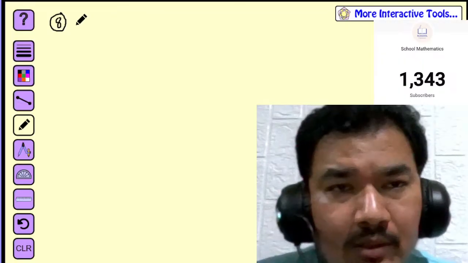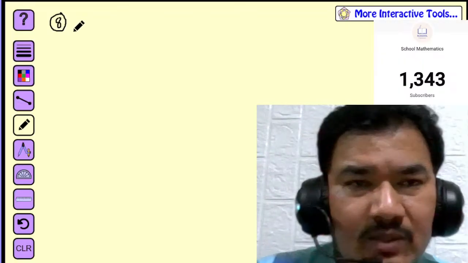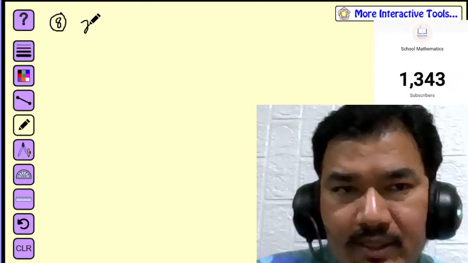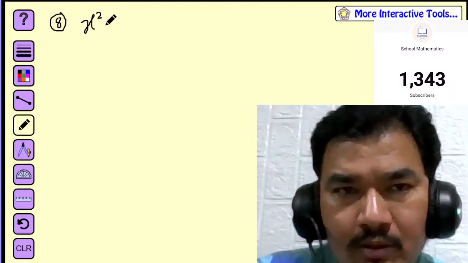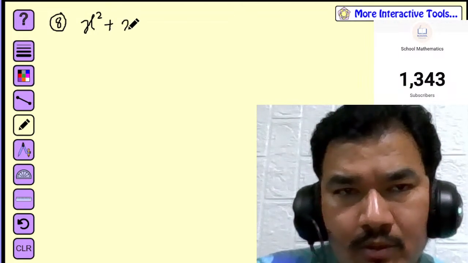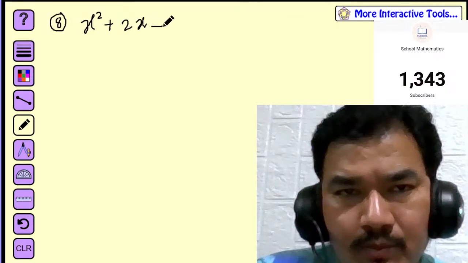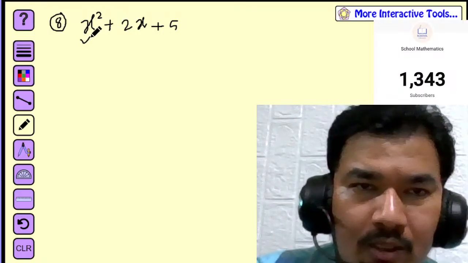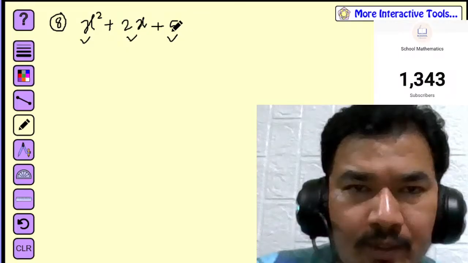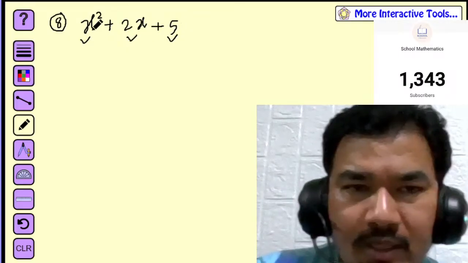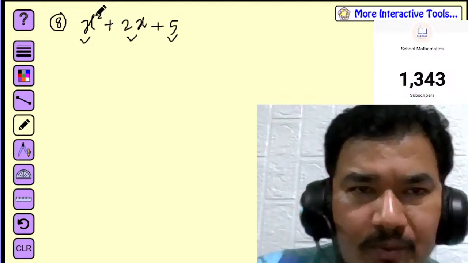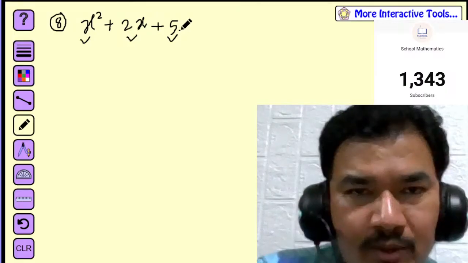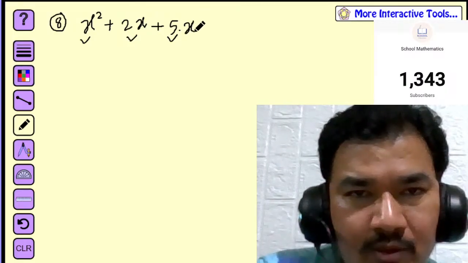Suppose there is given an expression like this, look here. How to identify whether it is a polynomial or not? Suppose there is given x square plus 2x plus 5. Look here, there are three terms, 1, 2, and 3. In all the terms there is the variable x. Here also variable x, and here also variable x, but that variable x has power 0.